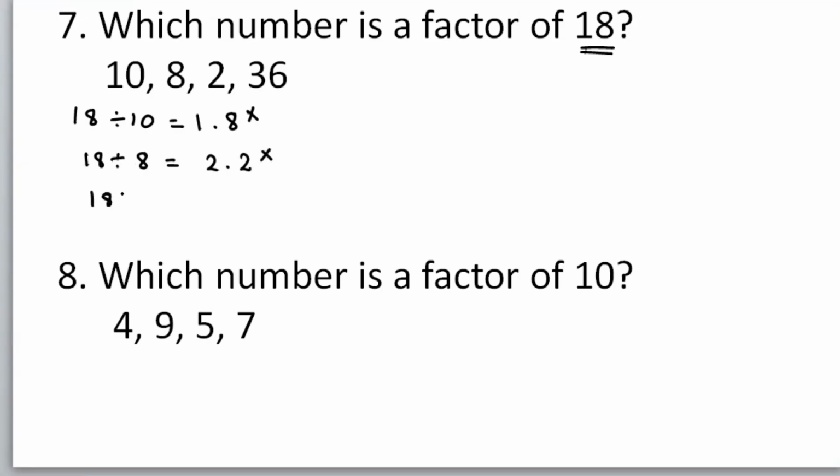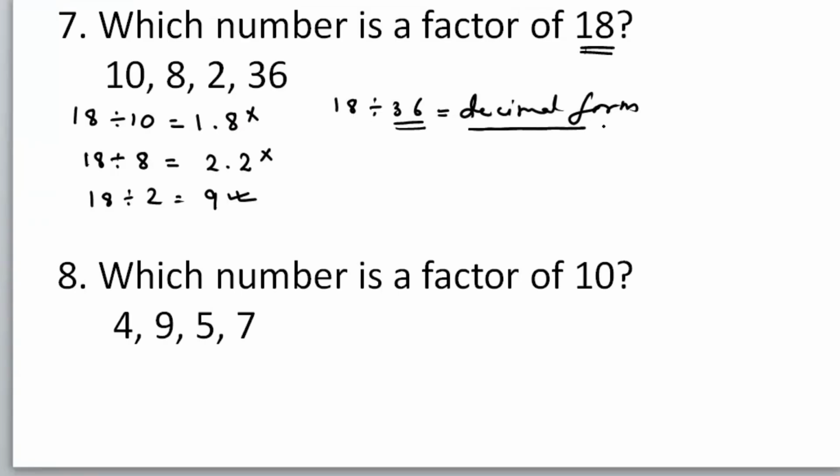Now 18 divided by 2. It will be 9. It is a whole number, so this will be a factor of 18. Now we have to check the last number as well. 18 divided by 36. See, here is the smaller number being divided by the bigger number, so the answer must be in decimal form.